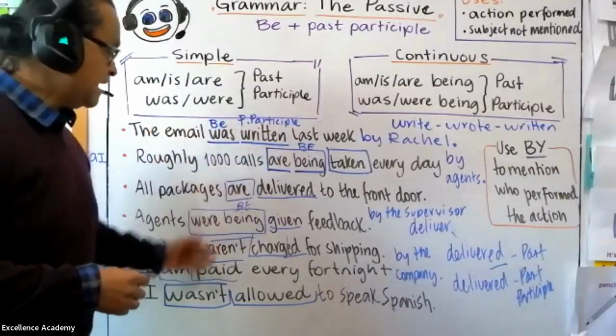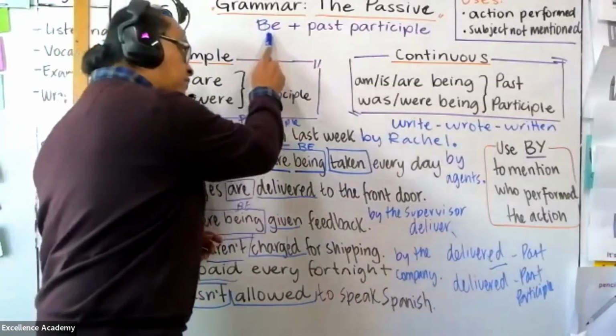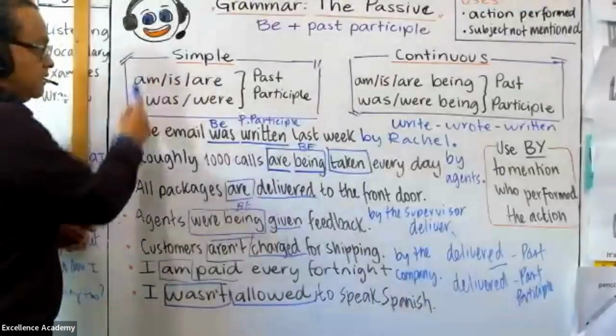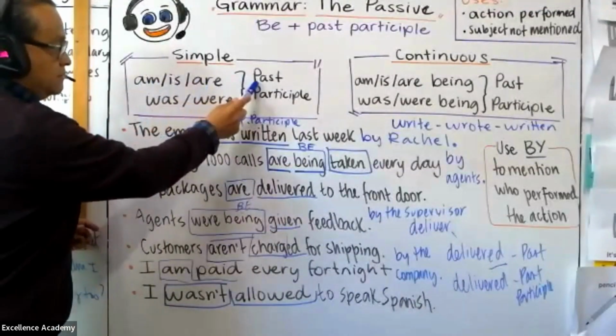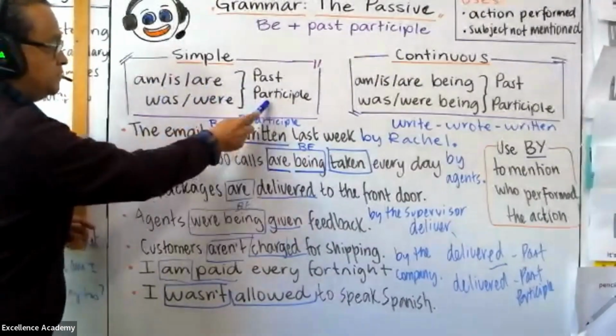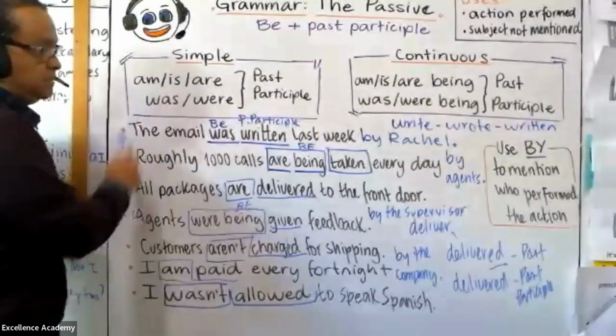So there you have some examples on how to use the passive. You're going to use the form of the verb be plus the past participle. In the simple form, am, is, are, plus the participle. In the past tense, was, were, plus the participle. And you can also express this in the negative by just changing the verb be to the negative.